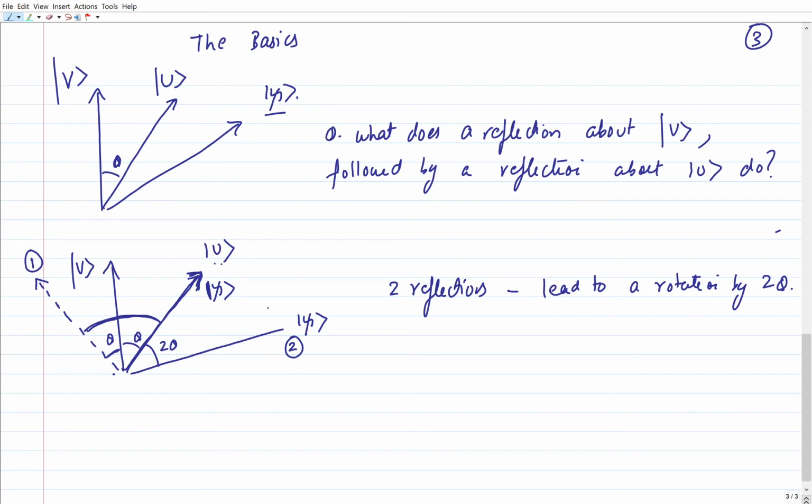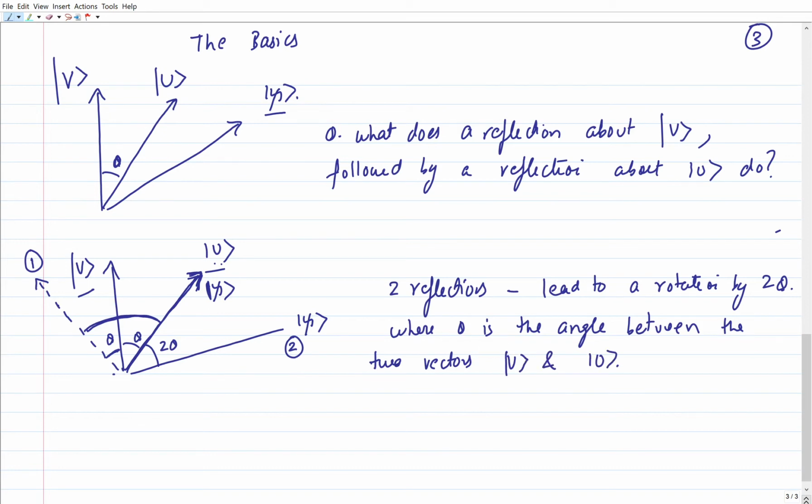In general, wherever psi is, it's just going to get rotated by an angle 2 theta, where theta is the angle between v and u, the vectors about which the reflection was taking place.